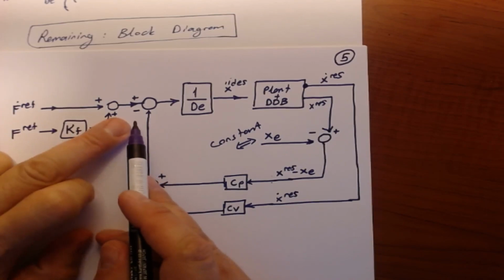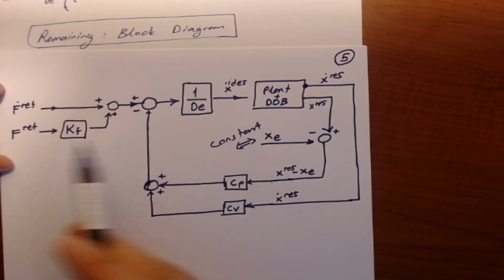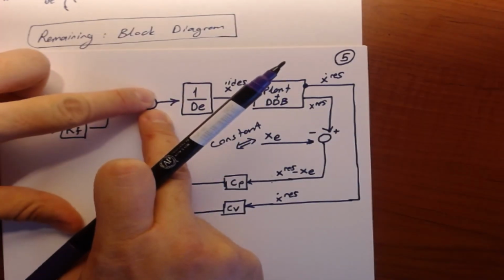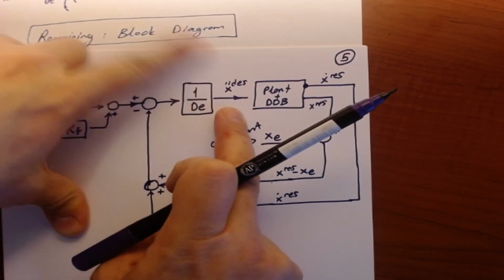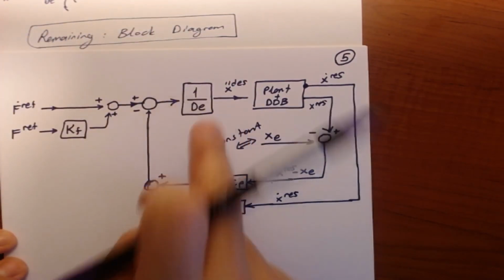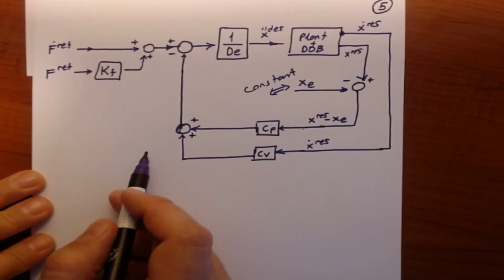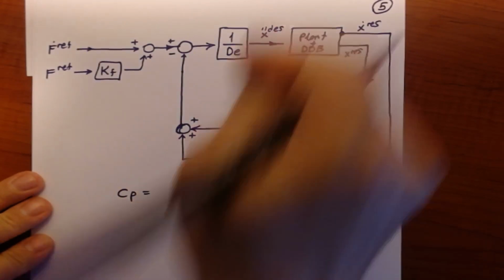Of course, both of them are given as the negative feedback, don't forget. And on the left hand side you have the force references. So all together you generate the feedback loop, multiply with 1 over dE to create the desired acceleration for our system.